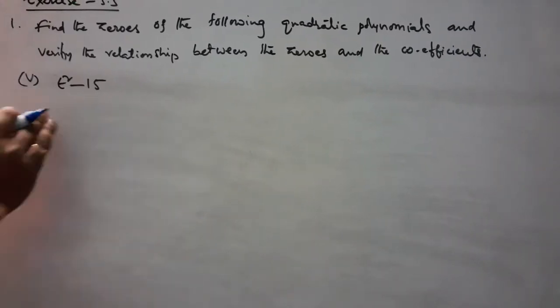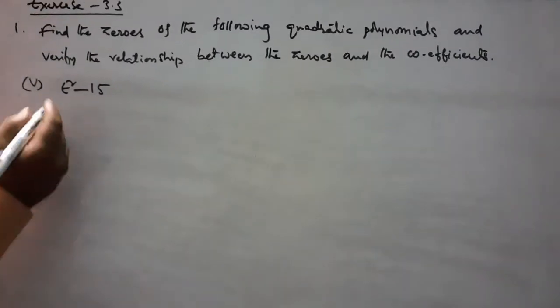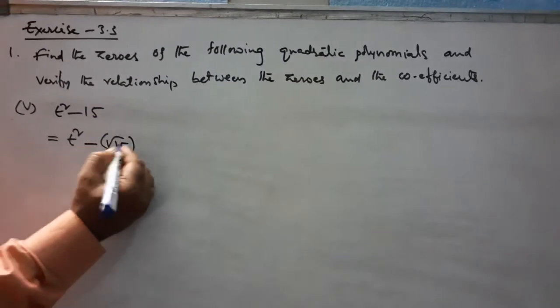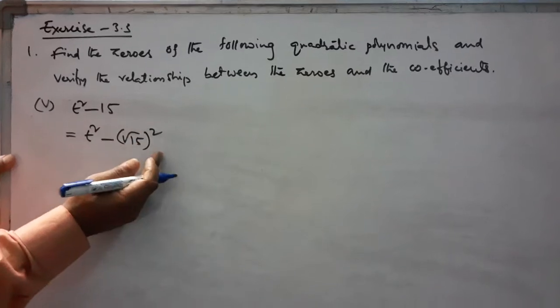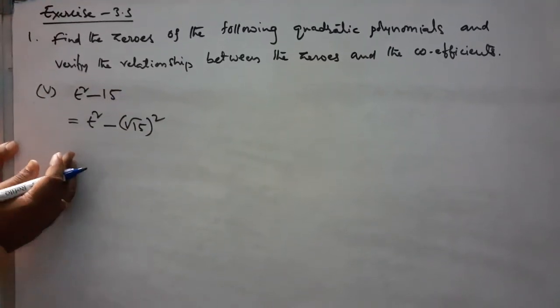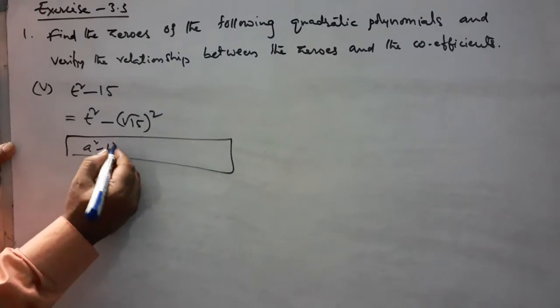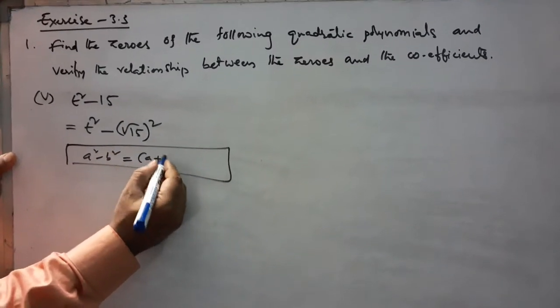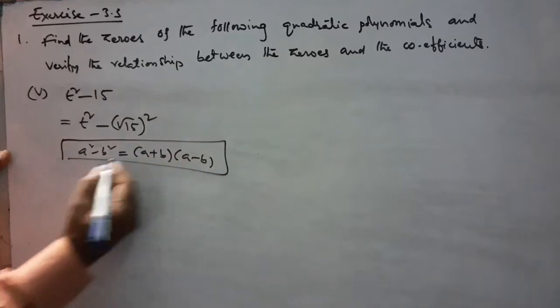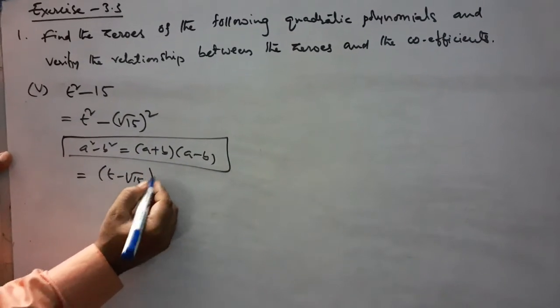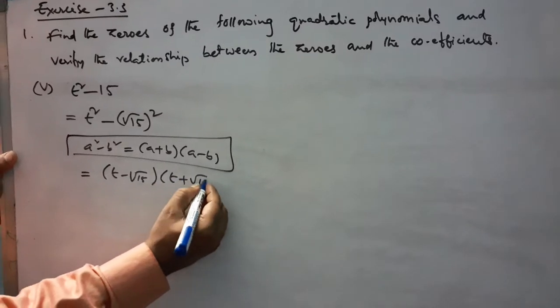Here it is t square minus 15. T square minus 15 we can write as t square minus root 15 whole square, since the square root cancels the square, we get back 15. This is in the form of a square minus b square, which we can write as a plus b into a minus b. That is t minus root 15 into t plus root 15.